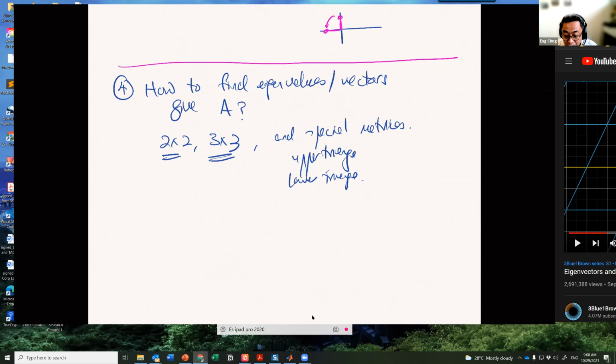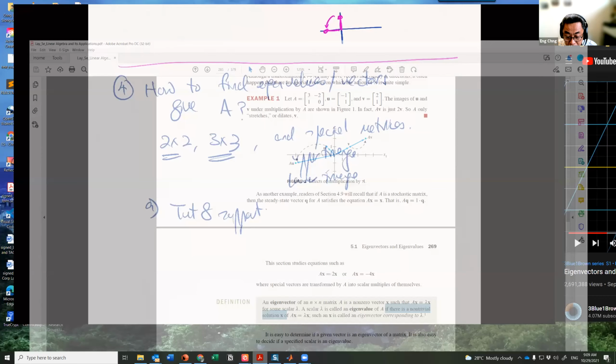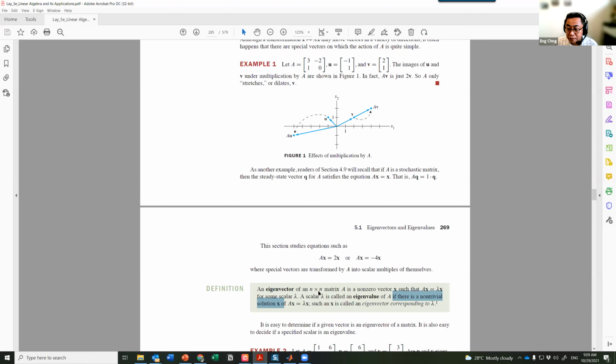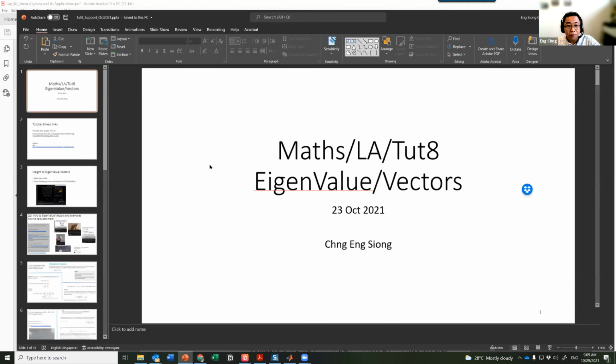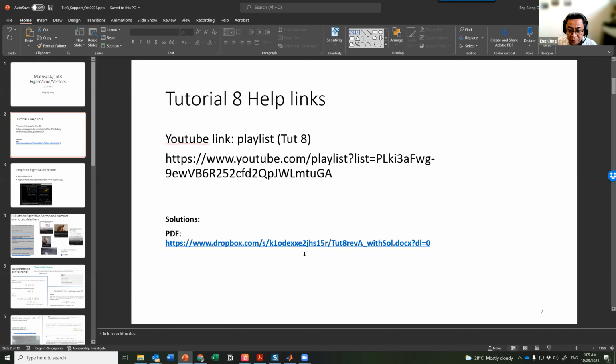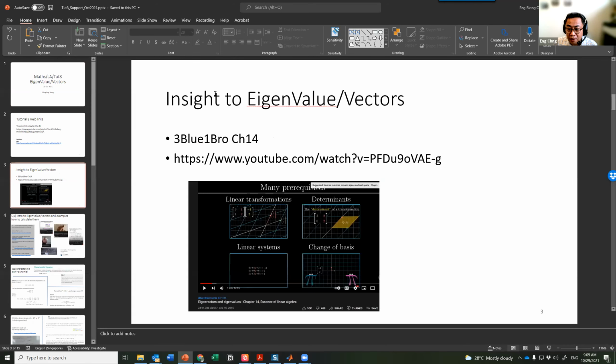Now, how to study all this: I'm going to release the tutorial 8 support. Let me find it for you. All right, so this is the tutorial 8 support. You can find the solutions, which I've already released anyway. I showed you the 3Blue1Brown example today.